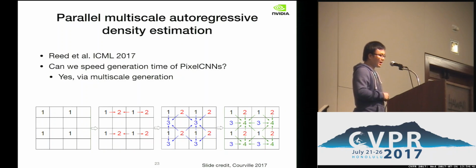There's a recent work by Scott Reed published in ICML 2017. The aim is to try to make PixelCNN faster. Currently, PixelCNN generates the image pixel by pixel, but you can apply a multi-resolution approach, and once you generate the first small resolution image, the other higher resolution ones you can generate simultaneously, so it can be more efficient.